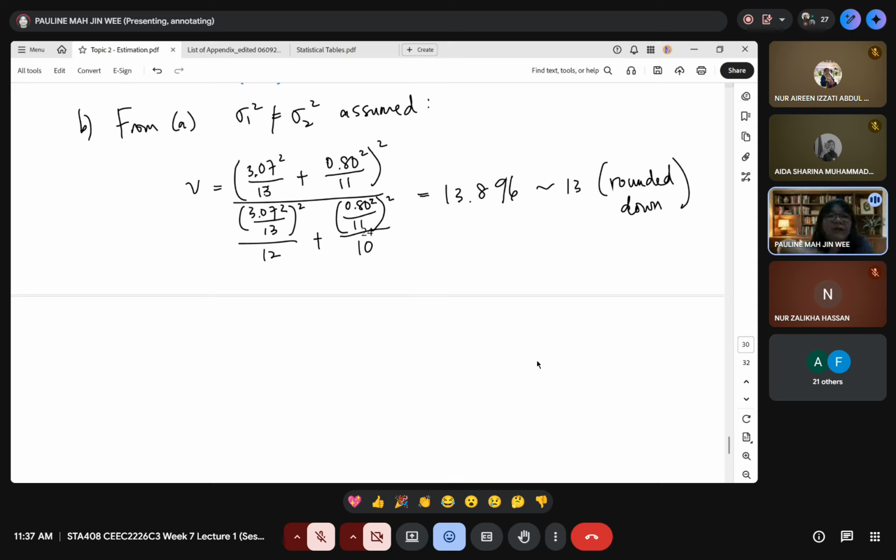So now we have that. We're going to look for the critical value. Your critical value here is going to be t, yeah? Because we are going back to the t distribution now. So we have 0.01 and 13. Let's check this out from the t table, page 17. 0.01, 2.650, correct?